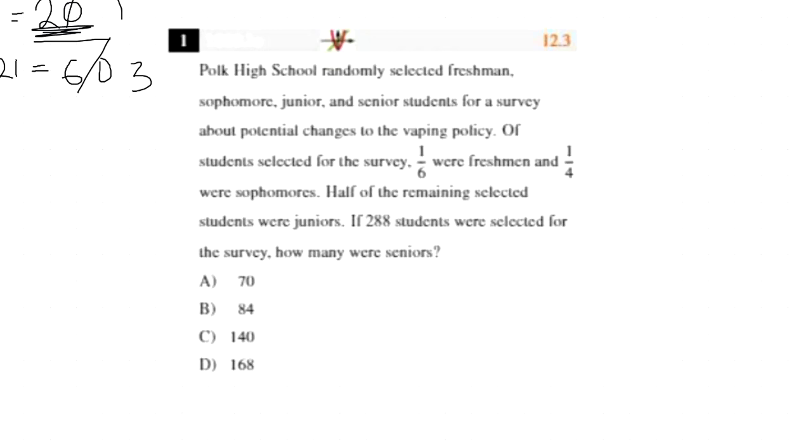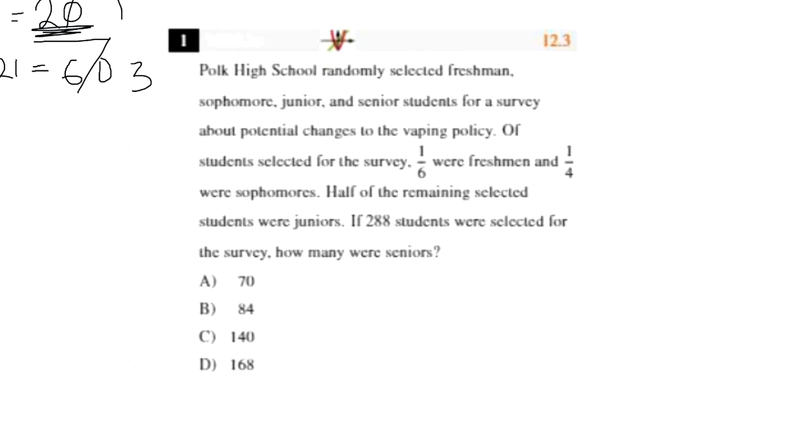Of students selected for the survey, 1/6 were freshmen and 1/4 were sophomores. Now, half of the remaining selected students were juniors. If 288 students were selected for the survey, how many were seniors?